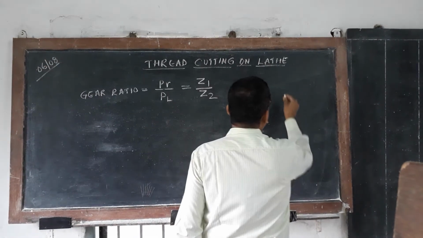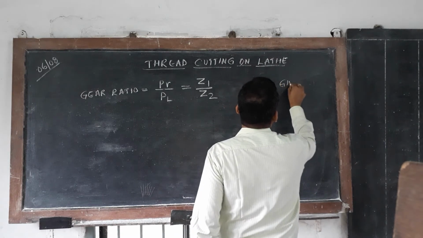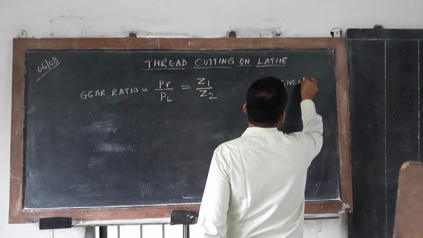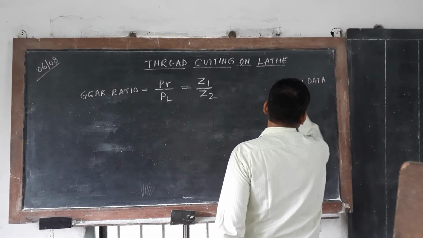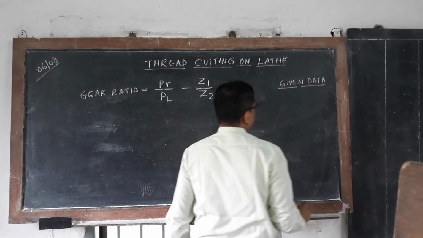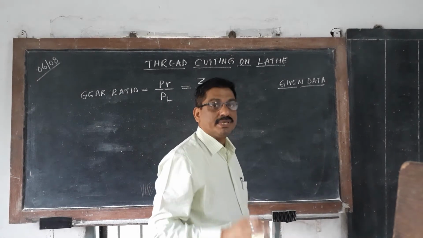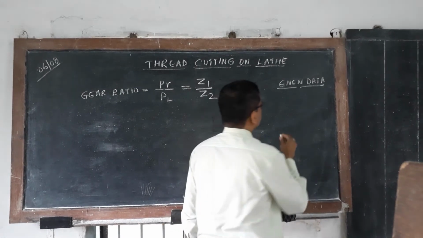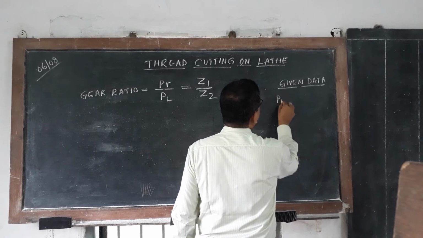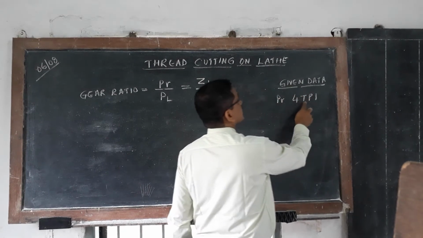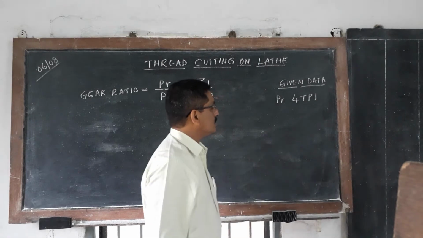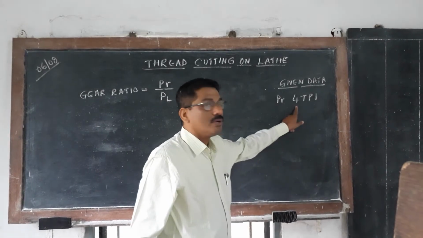Suppose you are given data: the pitch required is 4 TPI, which means 4 threads per inch.